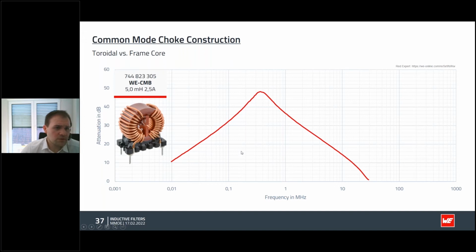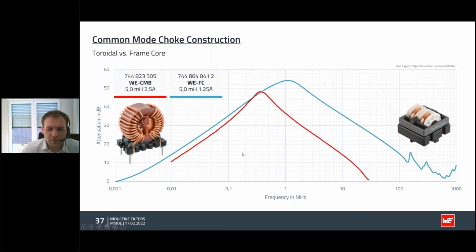Speaking of common mode for mains lines, we also have different ways of constructing these common mode chokes. For example, comparing a common mode choke with a ring core or toroidal core versus one with a frame core, we will see that the frame core has a much lower interwinding capacitance because we have these separate chambers where the windings live.